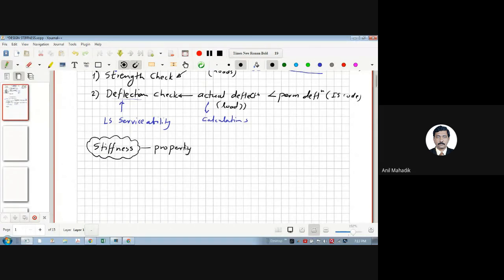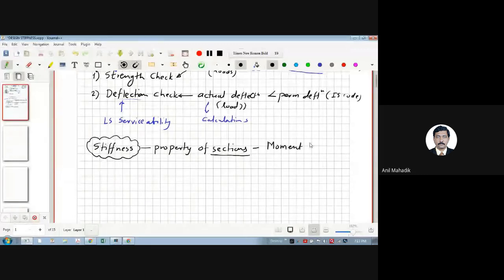So mainly I can say stiffness is more related to moment of inertia.